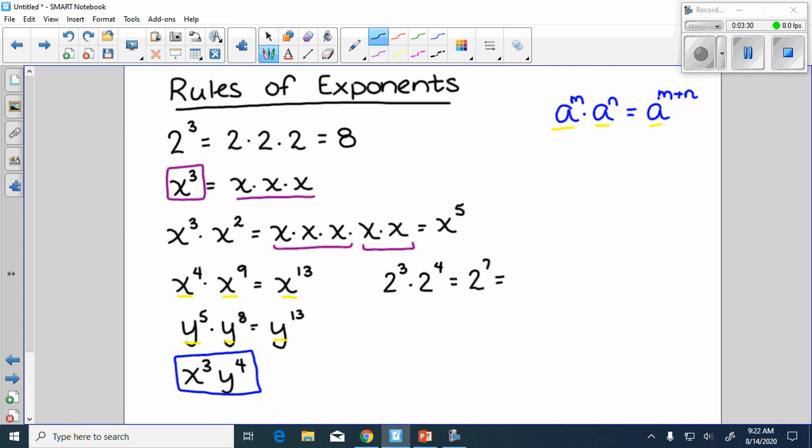Now if we multiply on our fingers or on our calculator or whatever, 2 times itself 7 times, we get 128. When our bases are the same, and we're multiplying them together, then we add the exponents together.